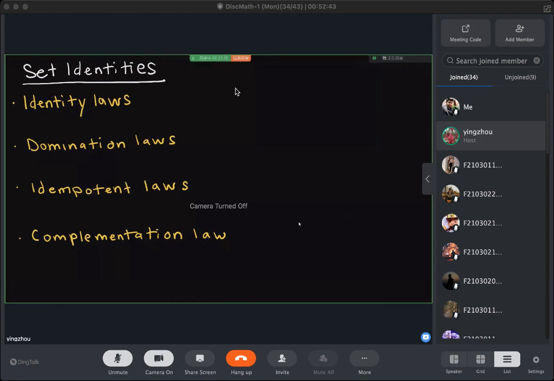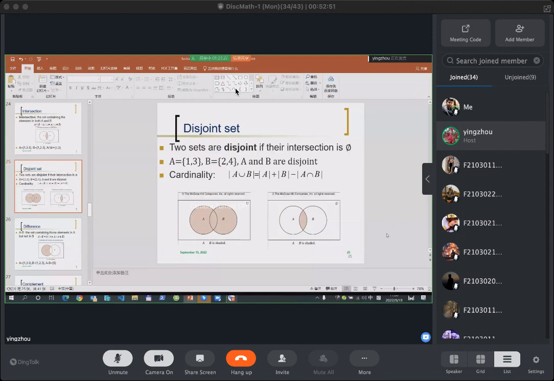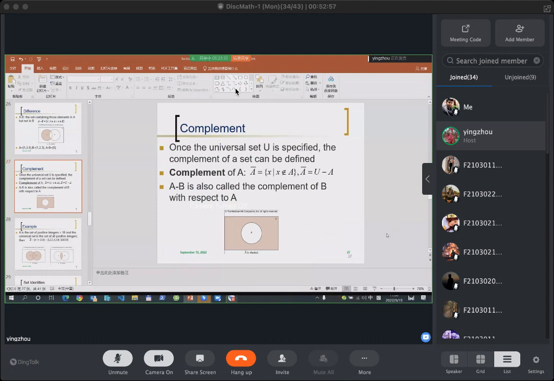With these set identities, we have already shown that there is a relationship between the logical operators and the set operators.